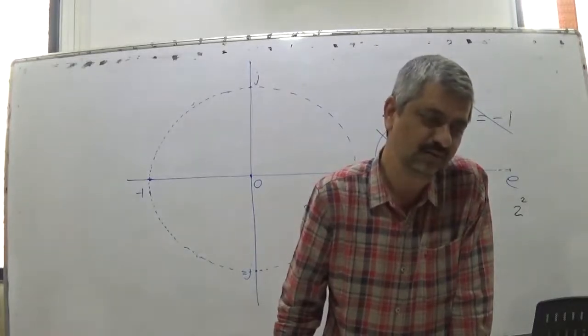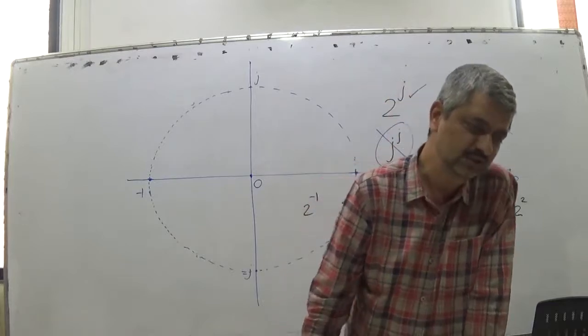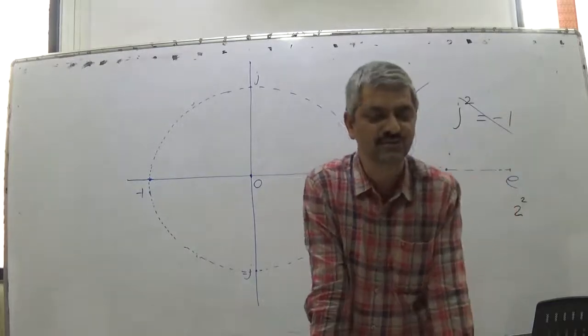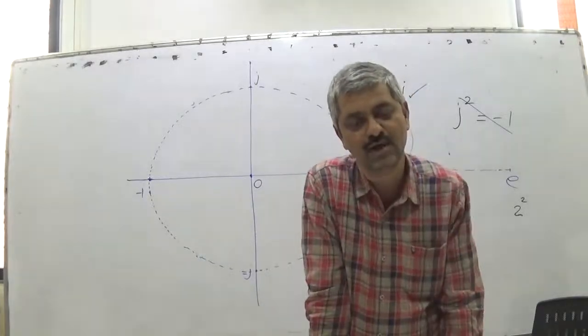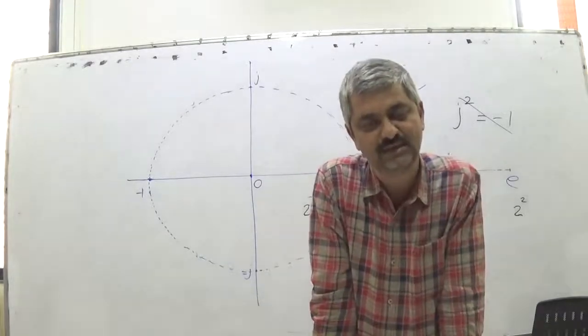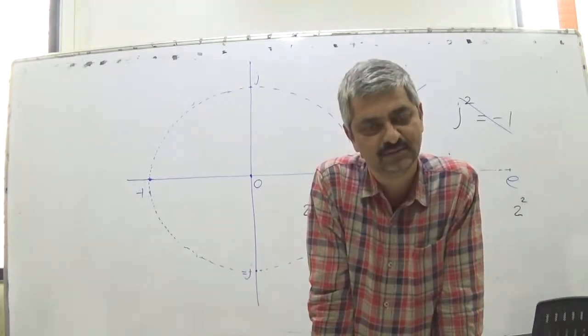So what would be there? Just like in the previous case, when square root of -1 was, means how I reach to -1 by repeating the process of multiplying to 1.